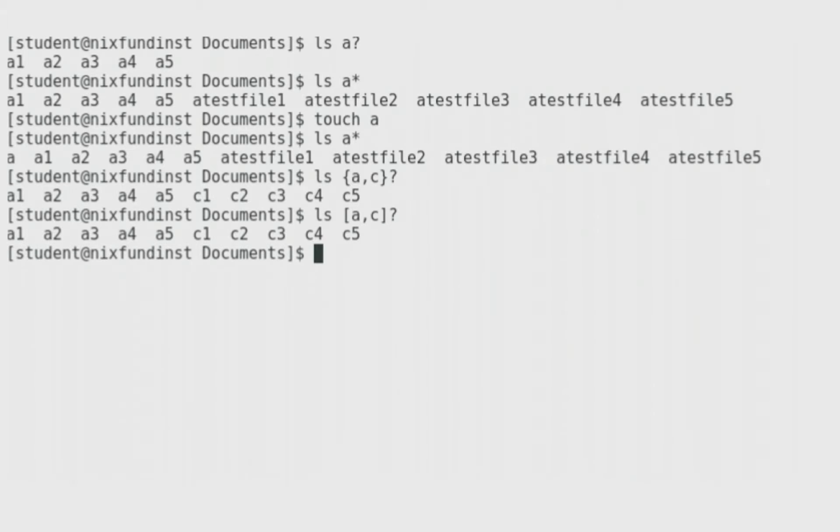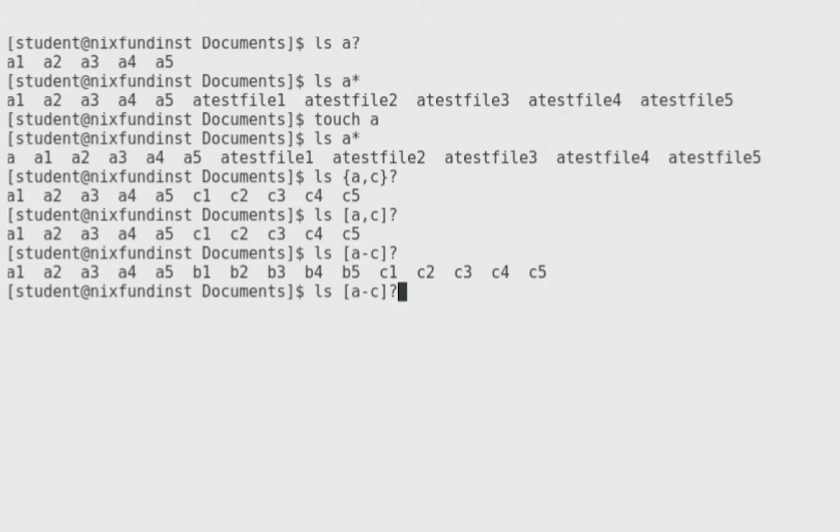It's going to return the same characters. But with the square bracket, we can do a range like this to match A, B, or C. With the curly brackets, what we can do is say A dot dot Z, and that will match everything within the range A to Z.